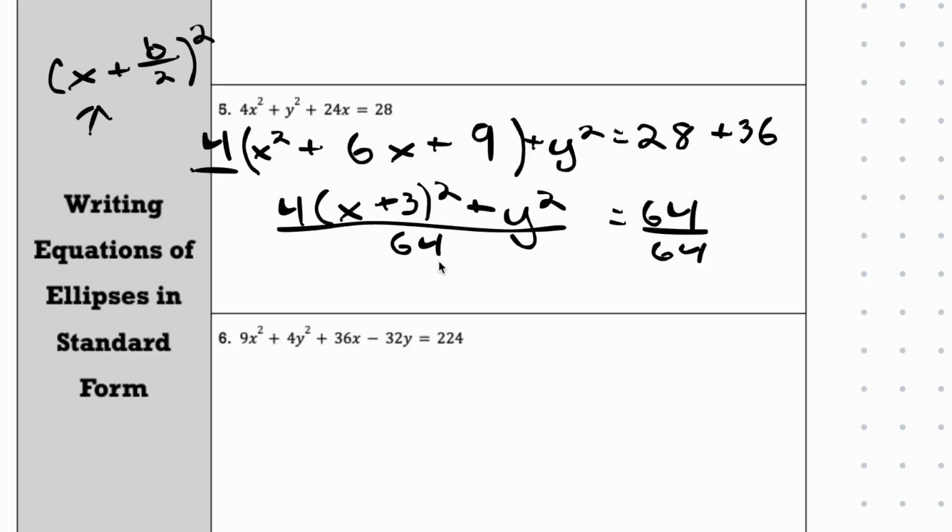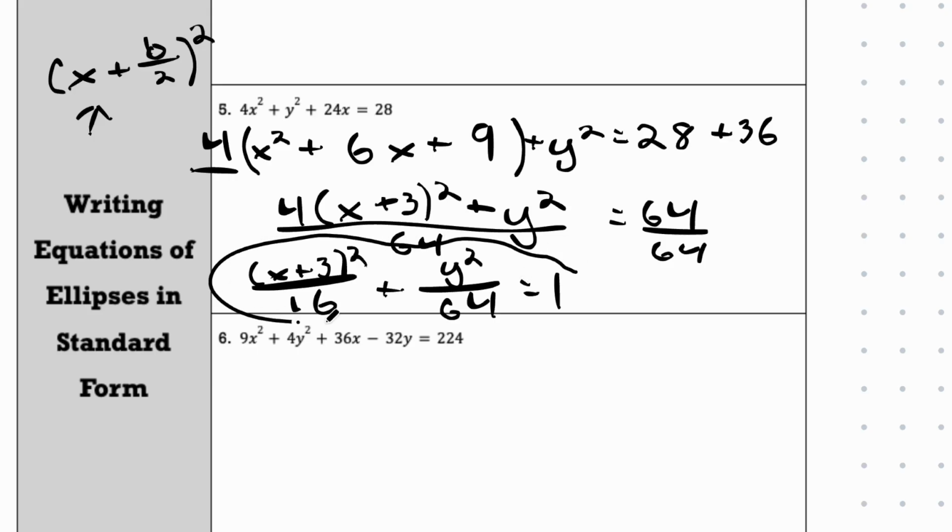What I get is 4 over 64 is going to be 1 over 16, so we're going to have x plus 3 squared over 16 plus y squared over 64 equals 1. And I know it's kind of hard to see, but that's going to be our answer.